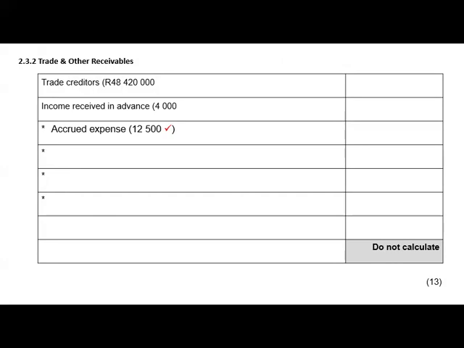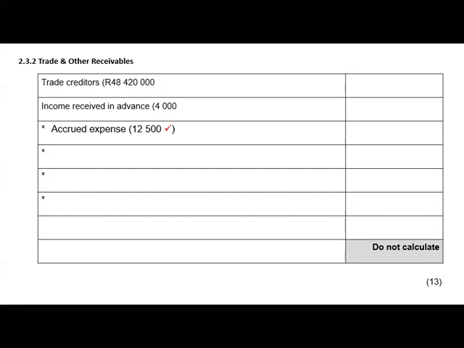Accrued is trade and other receivables. You mean income received in advance? By the way, income received in advance is a liability. Oh, this one says trade and other receivables.